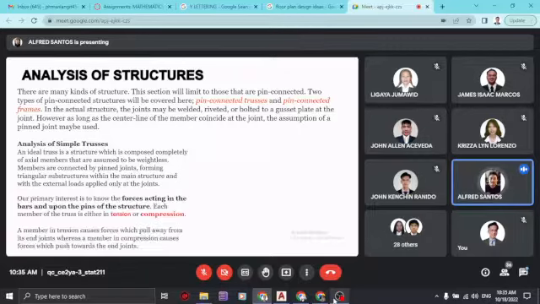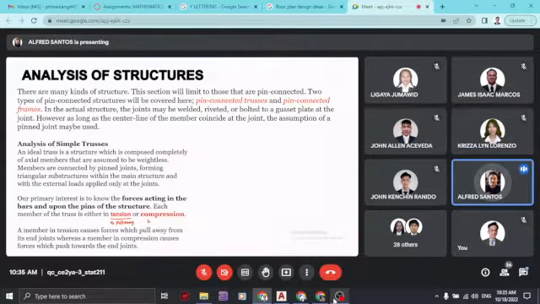Okay, no problem. Our primary interest is to know the force acting on the bars and upon the pins of the structure. Basically, the goal of the method of joints is to get the actual forces in the members, and those forces can be either in tension or in compression. You know the behavior of tension, like cords: it is to pull away.